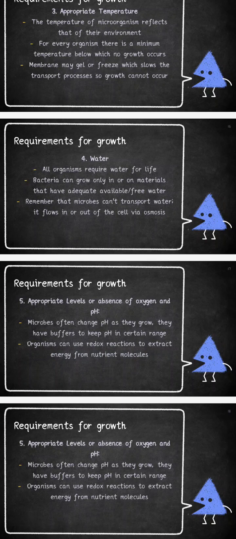Next, the last requirement would be the presence of oxygen. 20% of gas in the atmosphere is oxygen. The use of oxygen as an energy source involves redox reaction, meaning reduction-oxidation reaction. The more reduced a compound is, the more extra electrons it carries, the more energy it contains, and the greater the tendency to donate electrons.